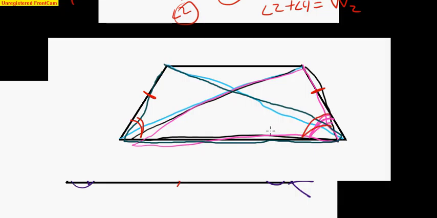And in addition to that, they share the same base. Look at the pink, this is the base. Now look at the blue, this is the base. So we have side angle side. So it shows that these two triangles are congruent. Corresponding parts of congruent triangles are congruent. So we have this diagonal equal to this diagonal. So you have to visually separate all the different triangles.